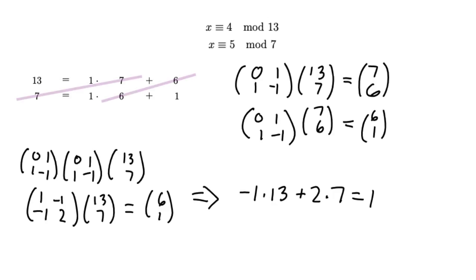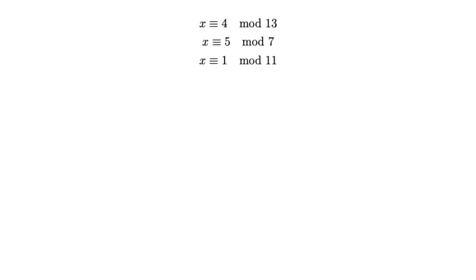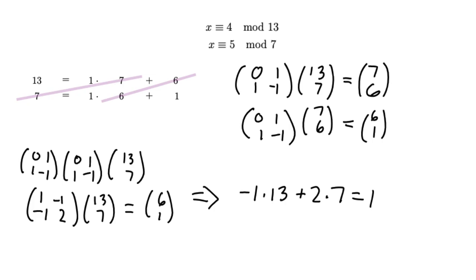All right, so first let's look at the first two. We're going to do this two at a time. We can apply the Euclidean algorithm, looking at 13 and 7. So we're focusing on 13 and 7. We think, 7 times what gets us close to 13?